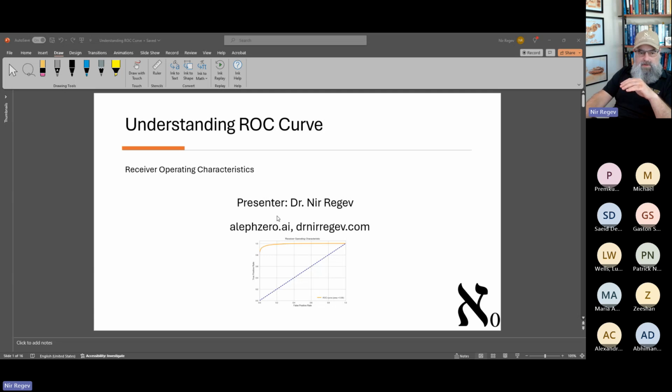Today's lecture goal, at least from my standpoint, is to give you the tools to leave here with a solid understanding of the ROC curves: how you construct them, how you use them, how you make decisions with them, and their crucial role in evaluating the performance of binary classification models.